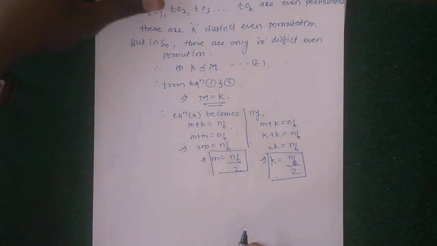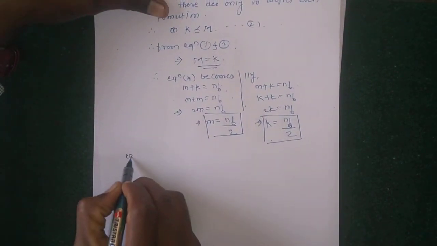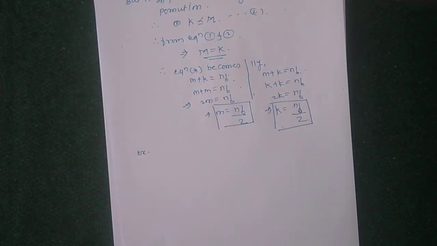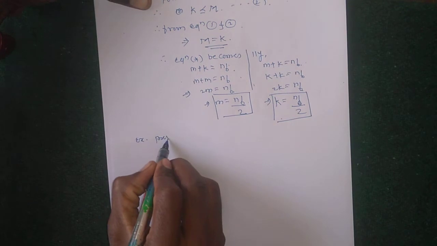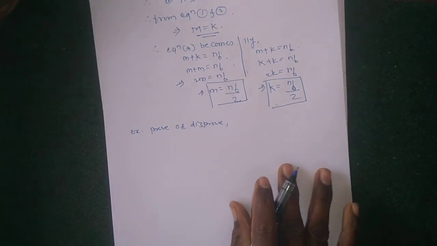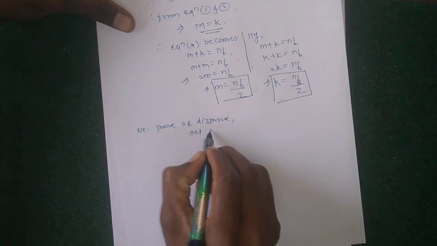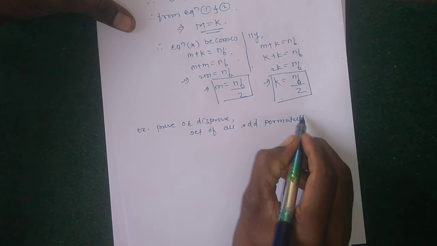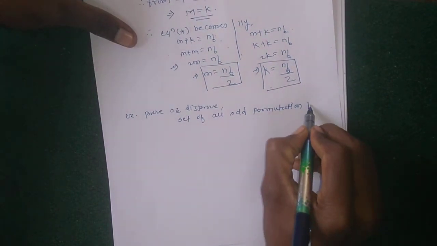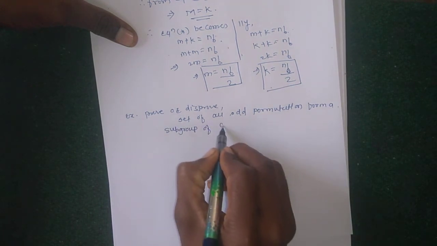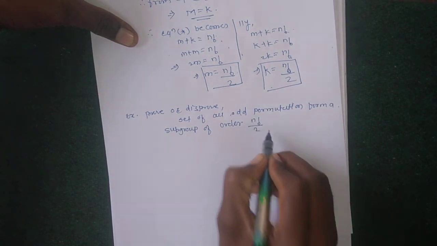Next example: prove or disprove that the set of all odd permutations forms a subgroup of order n factorial upon 2.